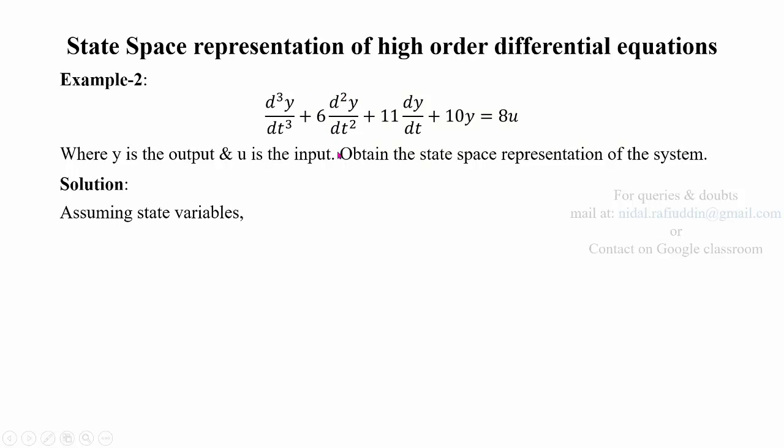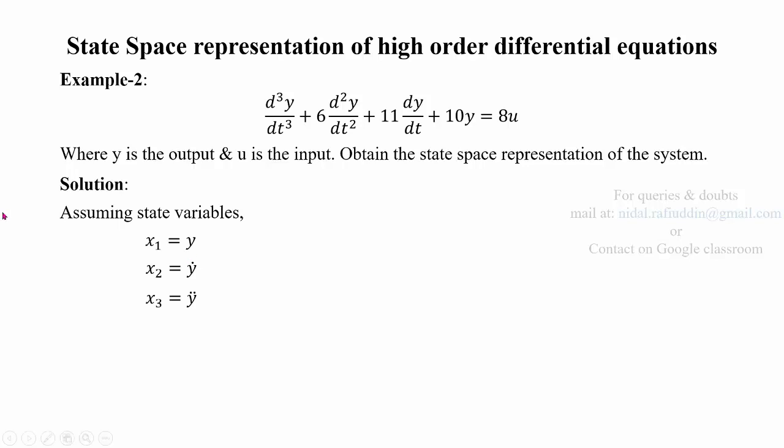For this we assume certain variables. We take the first state variable as x1 and assume y equal to x1, and then assume y dot, dy by dt, equal to x2. Similarly, since we have a third order differential equation, we assume three state variables x1, x2 and x3, where x1 is equal to y, x2 is equal to y dot, and x3 is equal to y double dot.